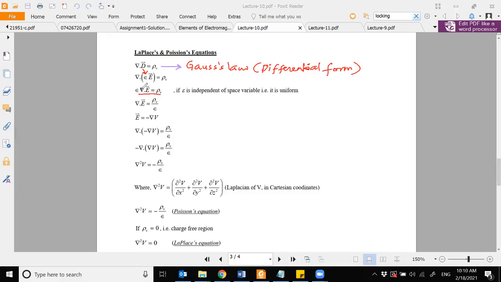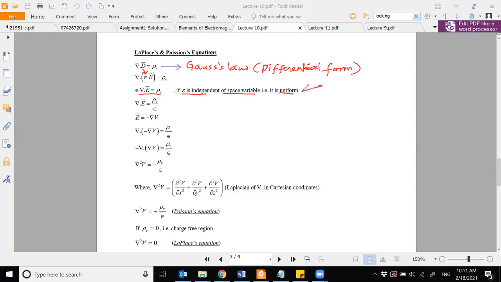As engineers, we should understand how you can take epsilon outside if there is a del operator. It is only possible if epsilon is a constant, that means it is independent of the space variables; it is uniform.